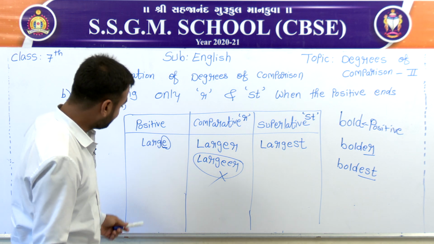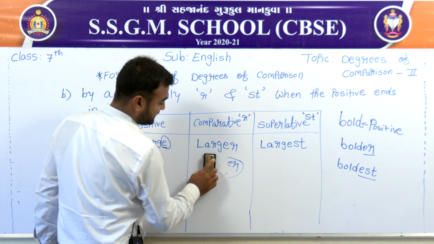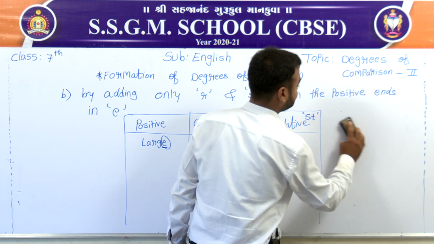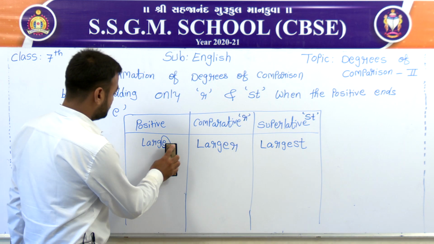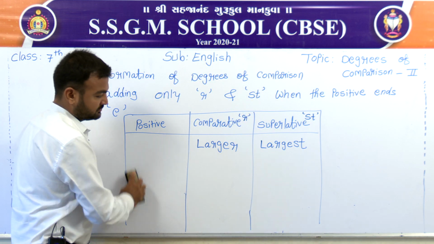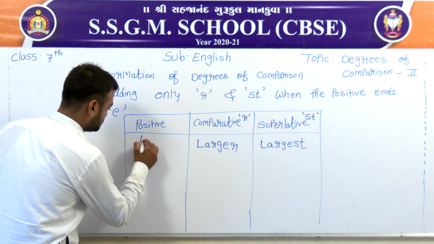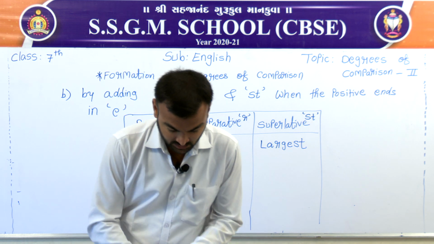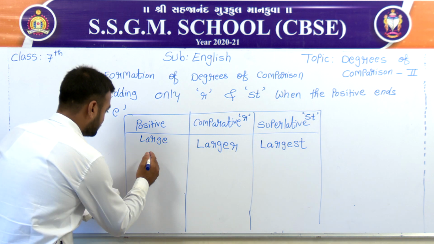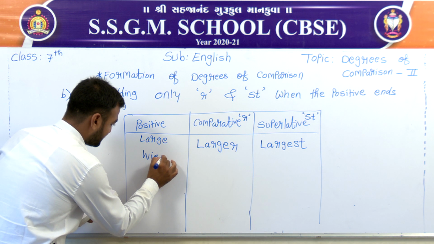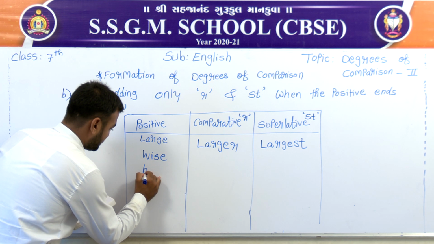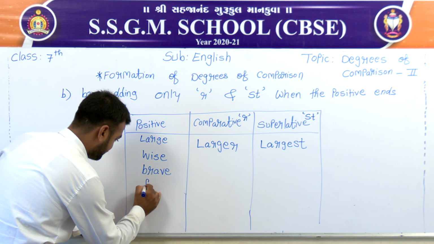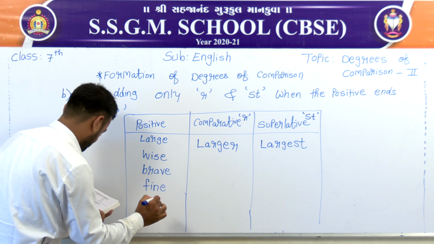Okay. Now I am writing all these details over here, and the rest you have to complete in this table by yourself. Number 2 is WISE, wise. Number 3 is BRAVE, brave. FINE, fine.